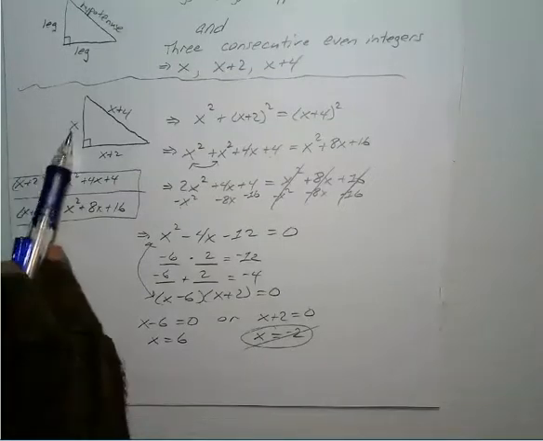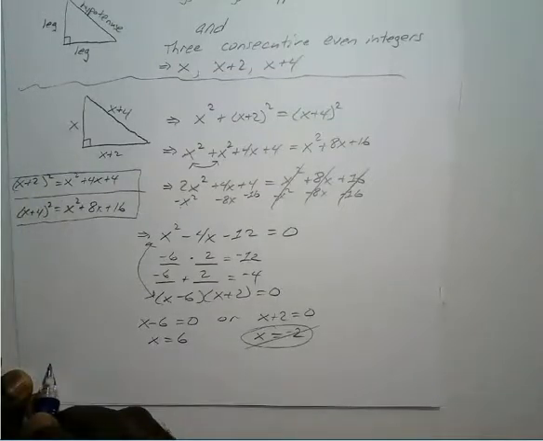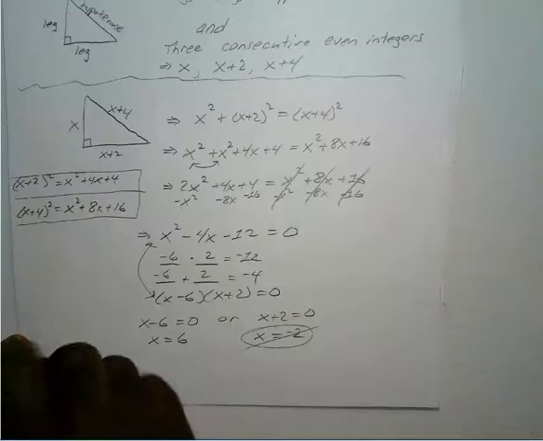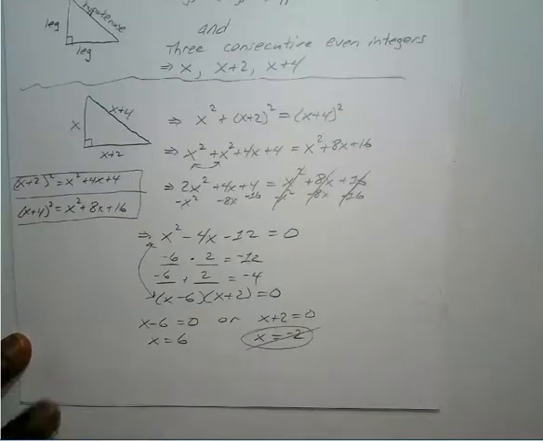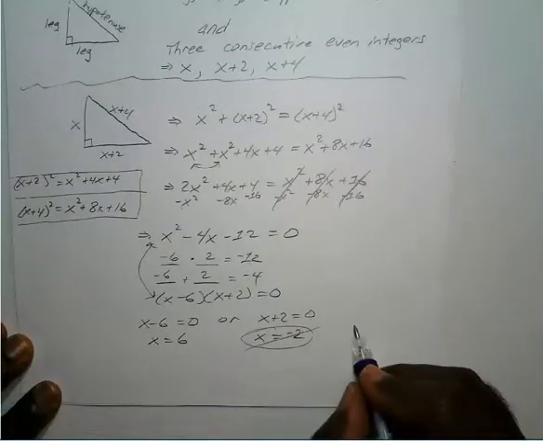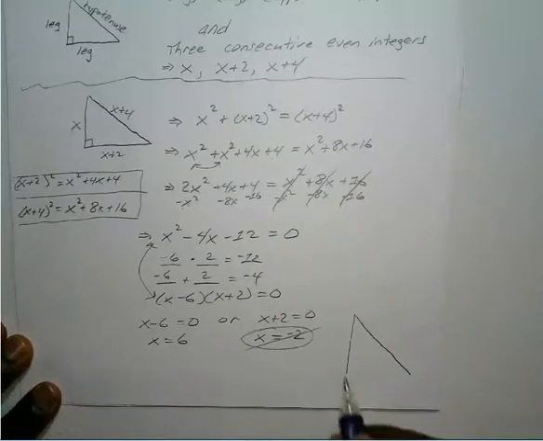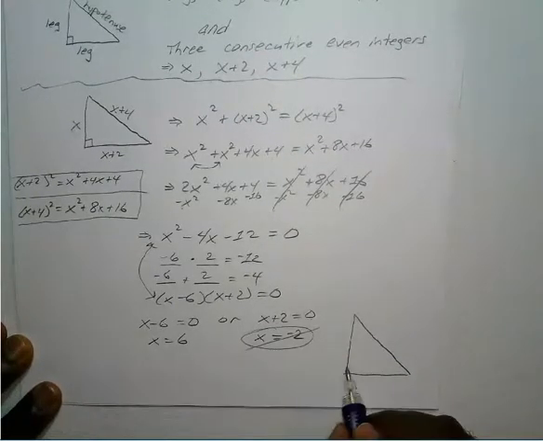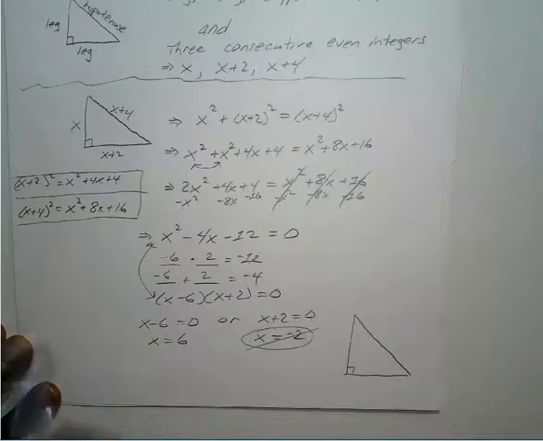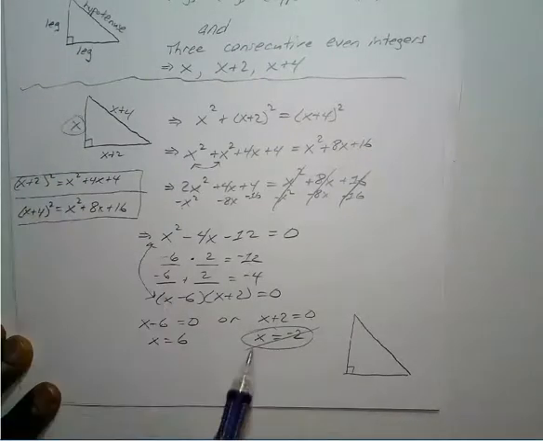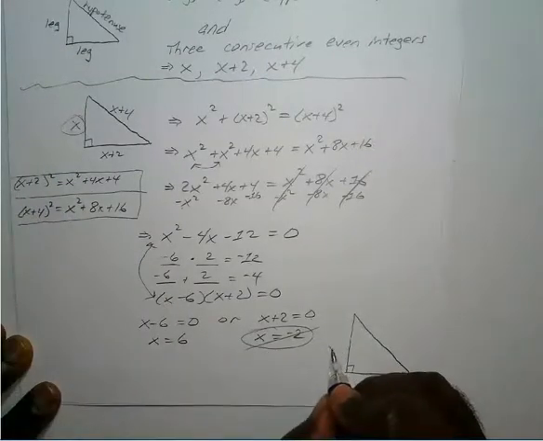Okay. So the side x, actually what I will do, I'll just redraw the triangle from right here. Now side x, we know that x is equal to 6.